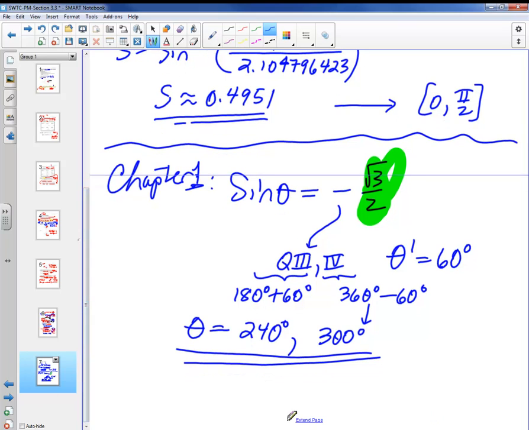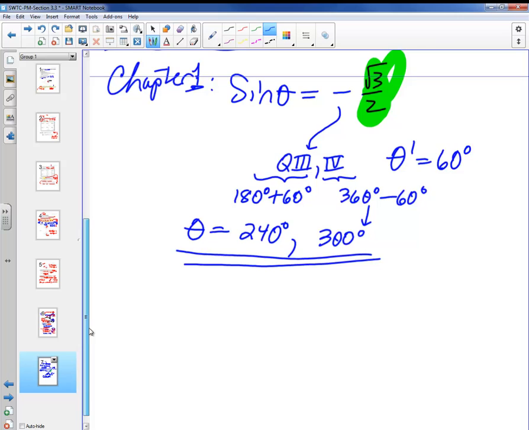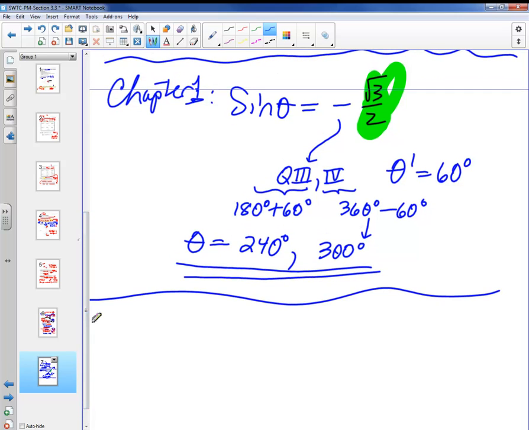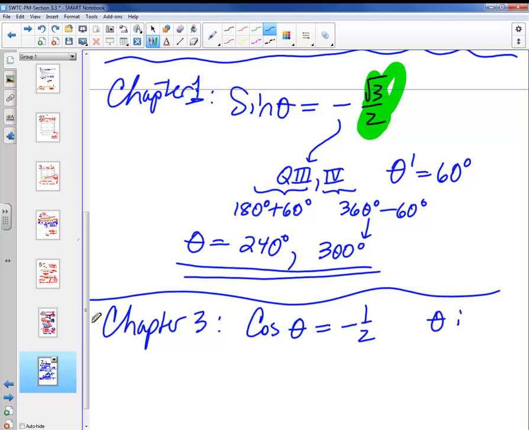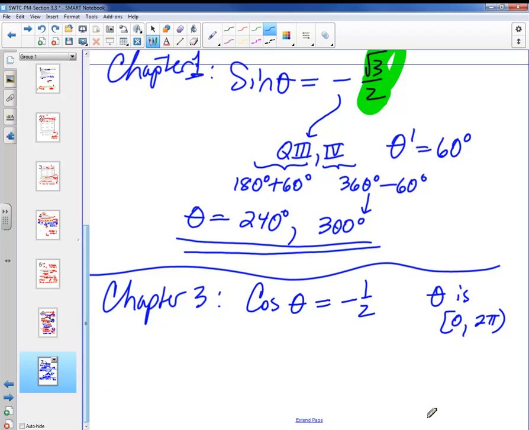If I gave you something similar, and this is chapter 3, if I give you cosine of theta, or S, equals negative 1/2, and then I said theta is in the interval from 0 to 2 pi radians, then you're still doing something very similar.